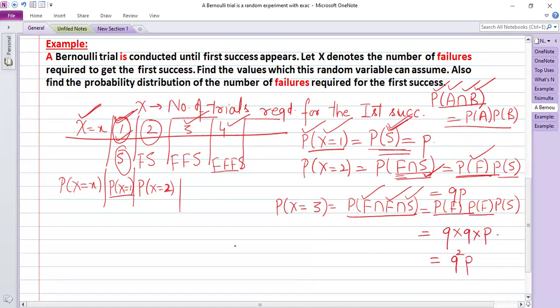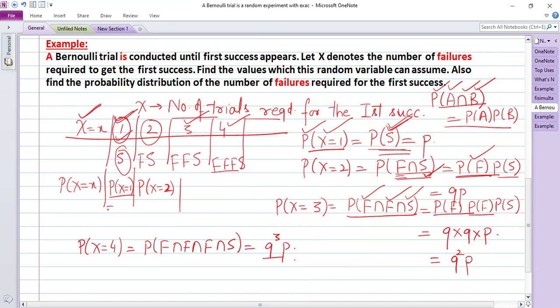And I think one can very well see that the probability that X equal to 4, which is nothing but probability F and F and F and S, will be nothing but Q cube P. And going on.